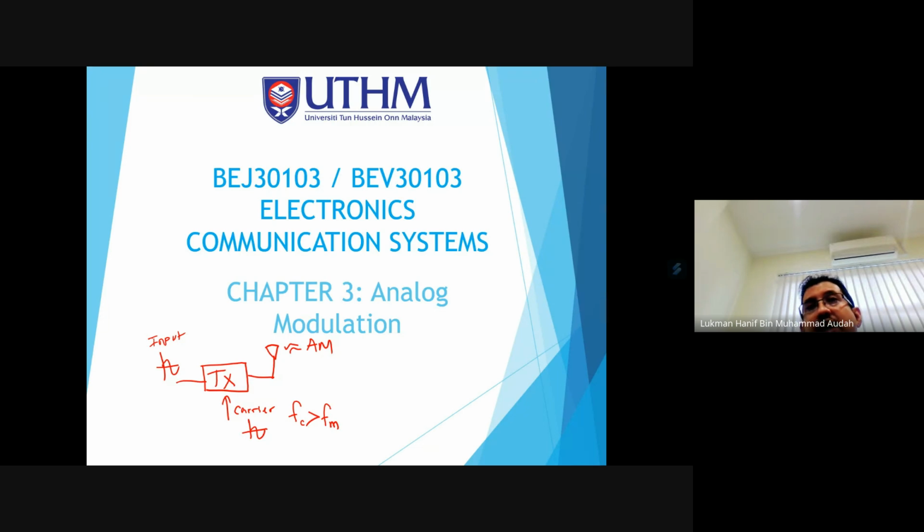So AM would be your project, where you're going to make a transmitter that can have at least two inputs. One is the carrier generated by the circuit, and another input is connected through your mobile phone, where you will play music, for example, from YouTube. So the input signal from your mobile phone is connected to your transmitter, and the transmitter itself will generate the carrier signal through the oscillator circuit.